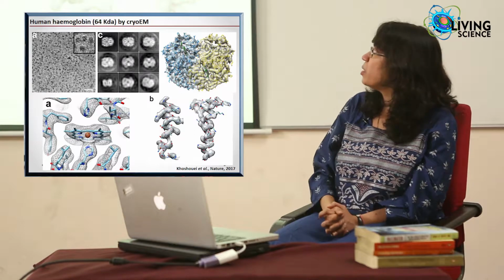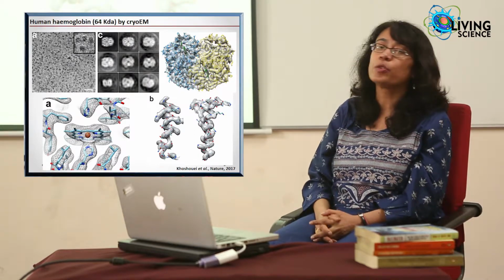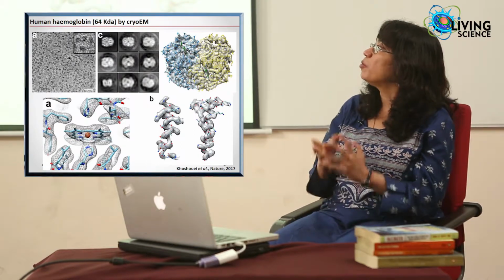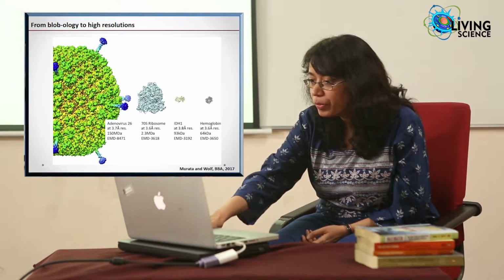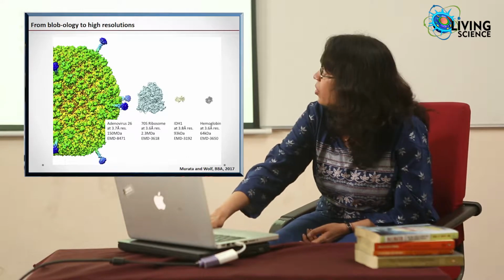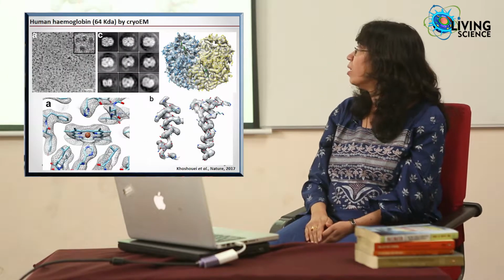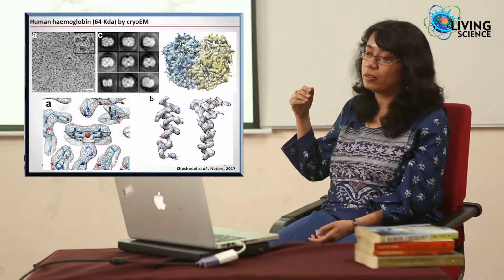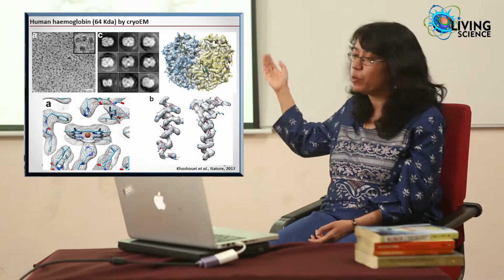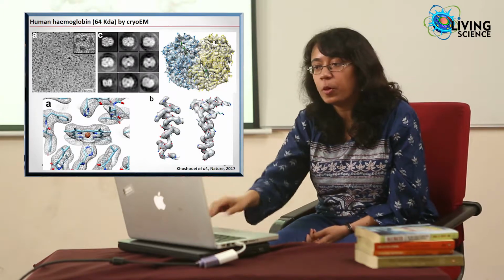Now, in 2017, the structure was reported, and it was possible to visualize it and solve the structure at fairly high resolution, at 3.6 angstrom, with a good amount of detail visible in the molecule.